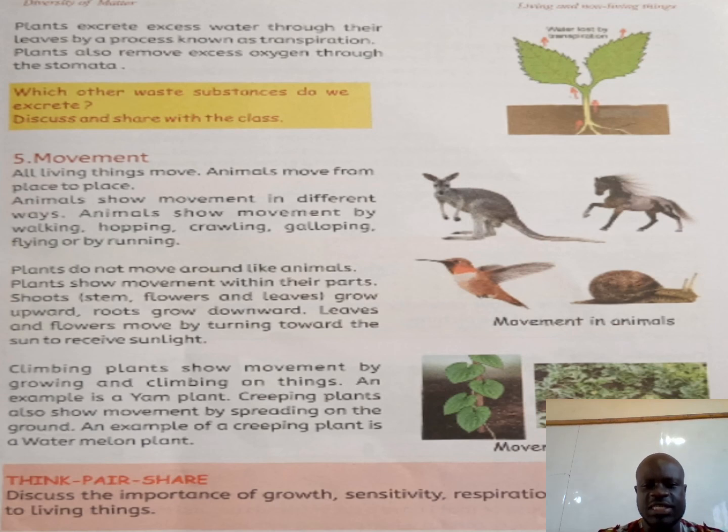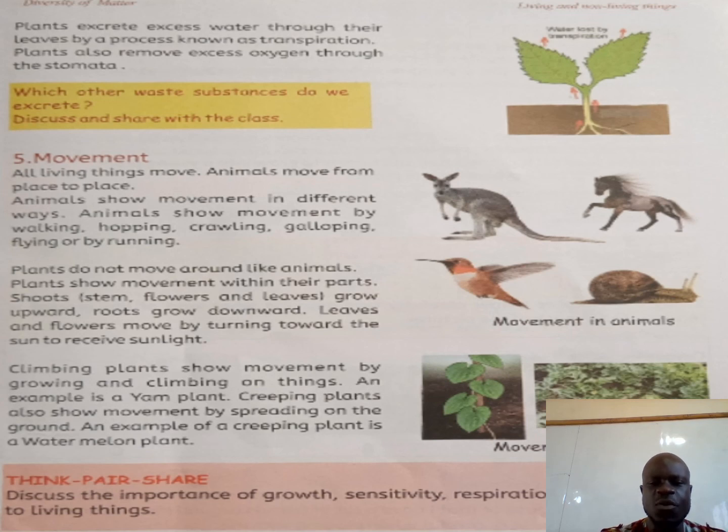In the shoot system, the stem, flowers, and the leaves grow upwards. Roots grow downwards. Leaves and flowers move by turning towards the sun to receive sunlight. Climbing plants show movement by growing and climbing on things.